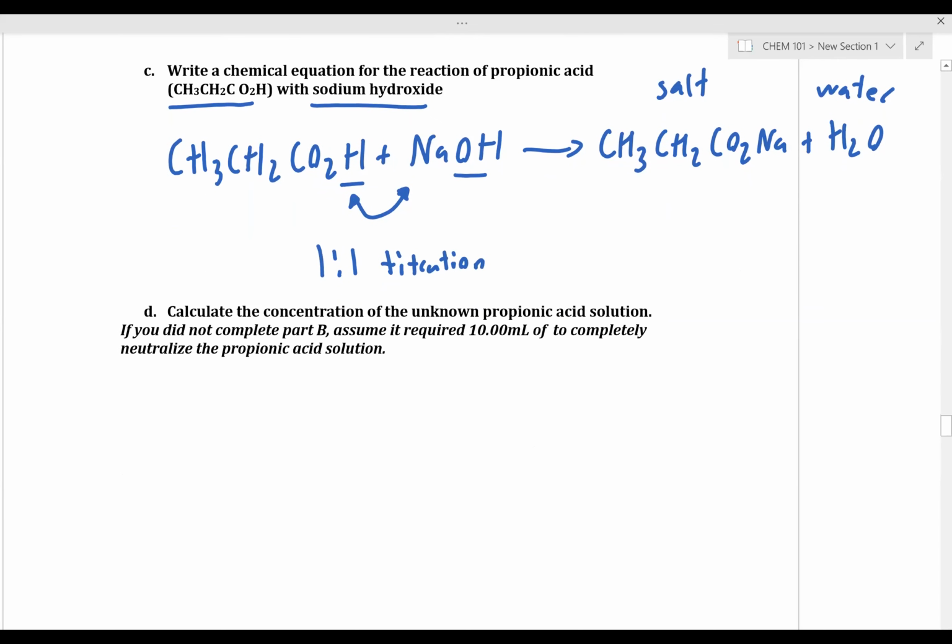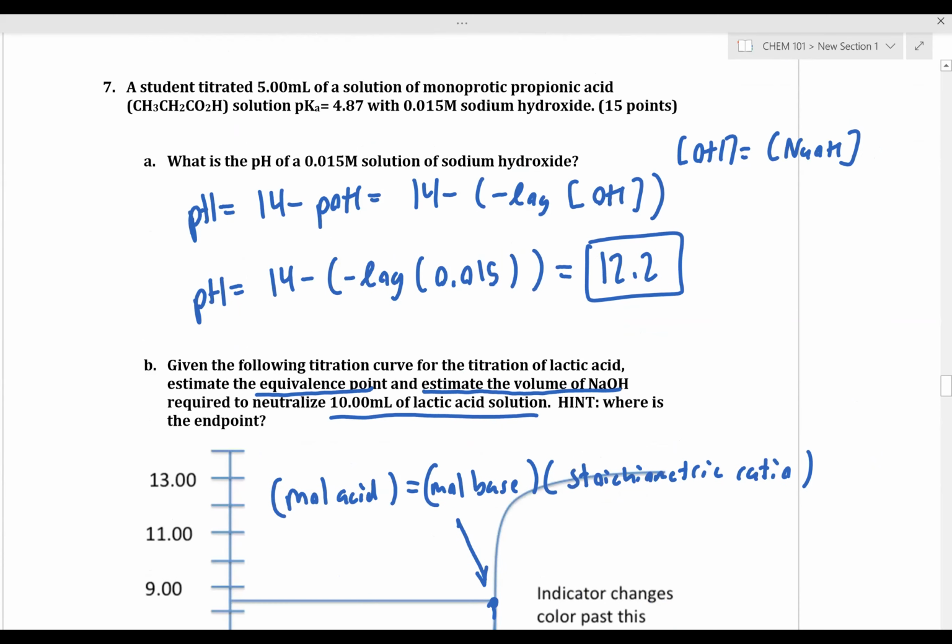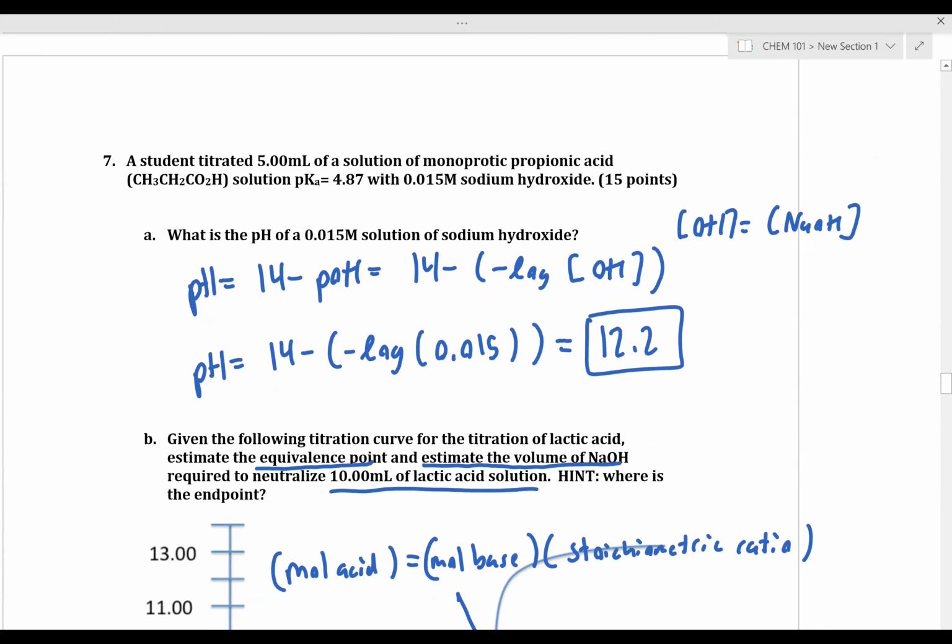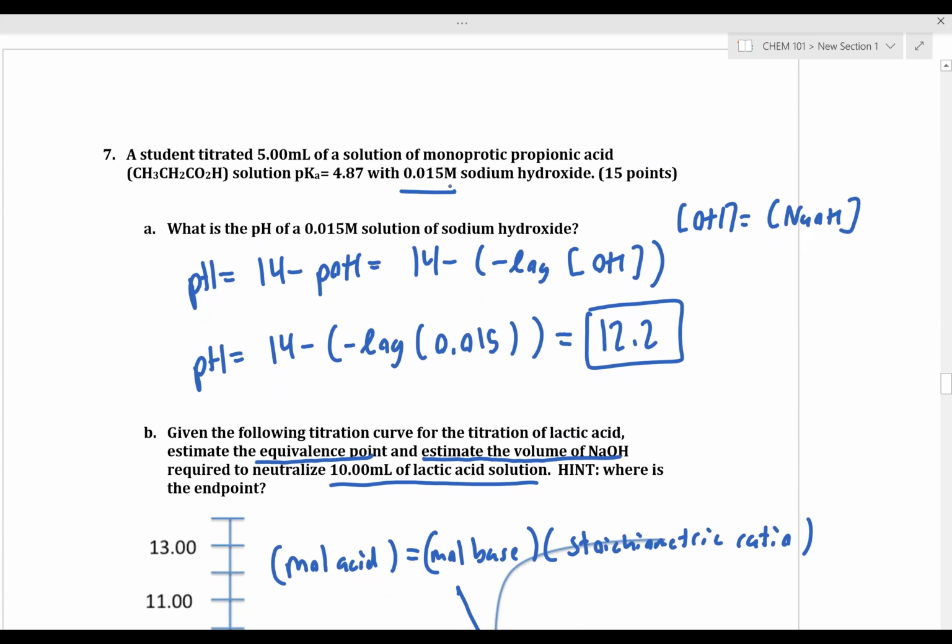Okay, so now we're asked to calculate the concentration of the unknown propionic acid solution. We're going to assume it required 10 milliliters to completely neutralize the propionic acid solution. Okay, perfect. We have enough information to proceed. So we know we have 10.00 milliliters of our acid solution. What are we given for the molarity of our sodium hydroxide?